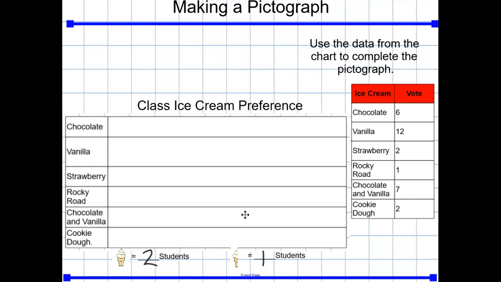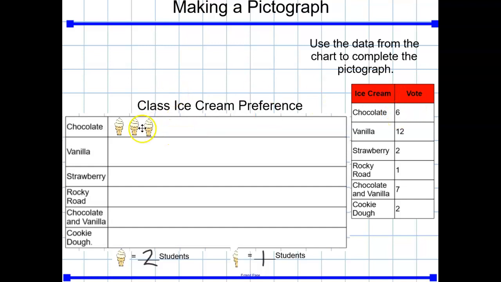So if each ice cream cone is worth 2, I know 6 students voted for chocolate. So I would need to add 1 to show 2 students, but they had 6. So 4 and 6. Perfect.